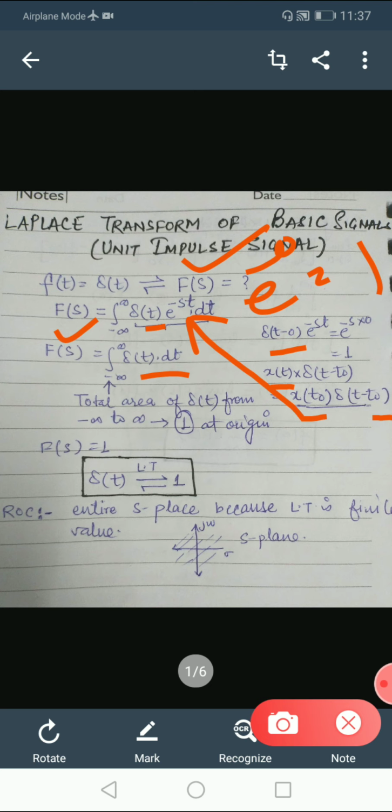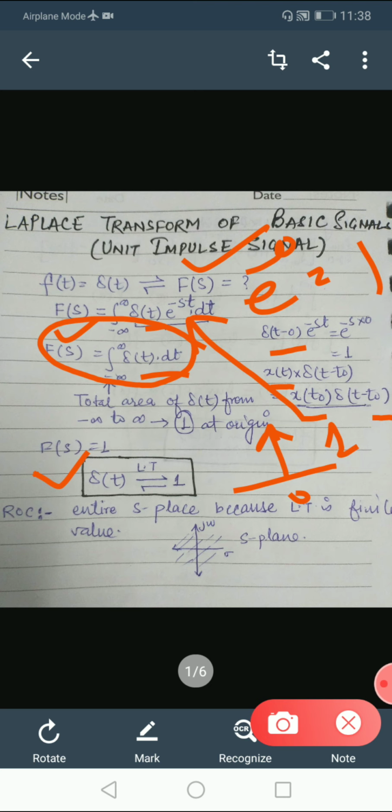This is the area of the impulse function, and we know that the area of the impulse function is always 1, therefore integration of delta(t) dt is 1. Therefore F(s) is equal to 1.